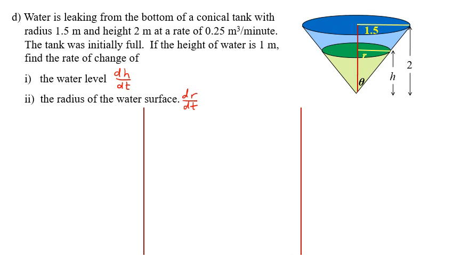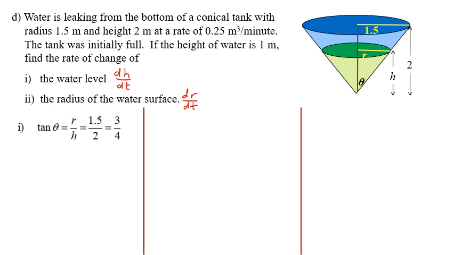Okay, and also look at the diagram over here. Right, so like the previous example, we can relate r with h using the tangent, right? Tangent is r over h, 1.5 over 2, so we can simplify, and it will be 3 over 4.